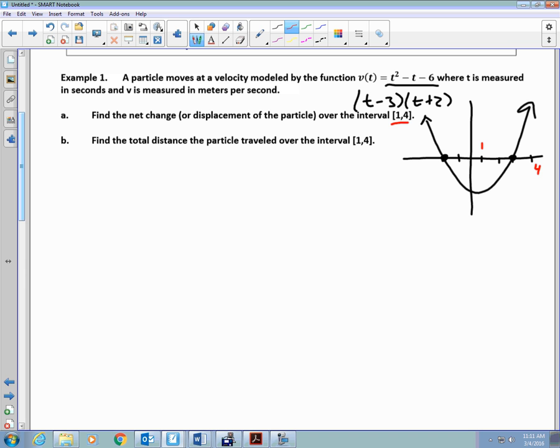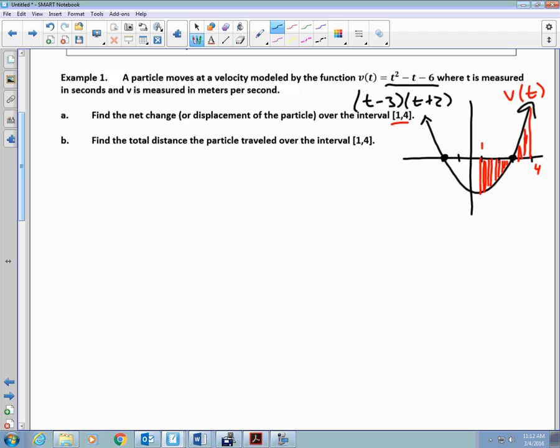Okay? So this is a velocity function. When I take the antiderivative, or the integral of the velocity function, I will come up with displacement. And that is represented by that shaded region.